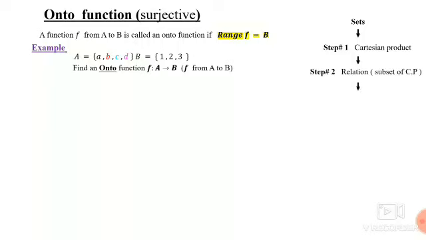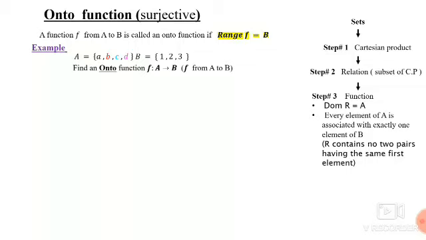Third step, check whether it is a function or not, if it satisfies the two conditions for the function. If it is a function, then we will check the fourth condition, that the range of the function is equals to B. If all these conditions satisfies, then it will be a function and onto function.